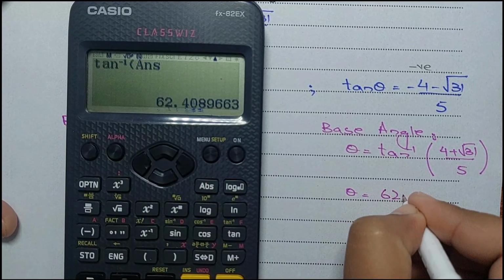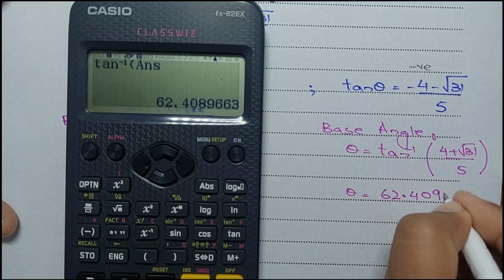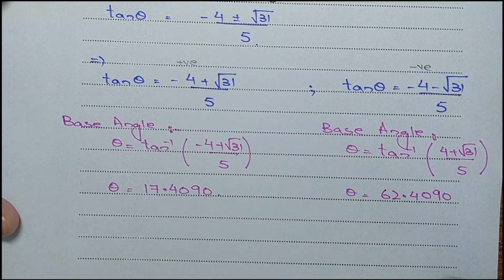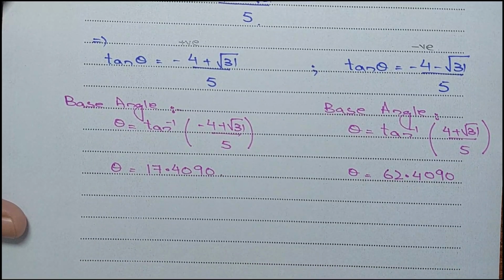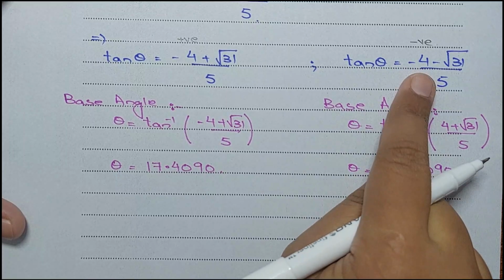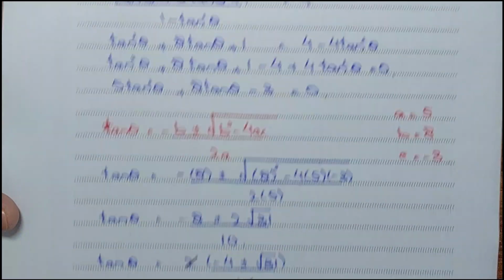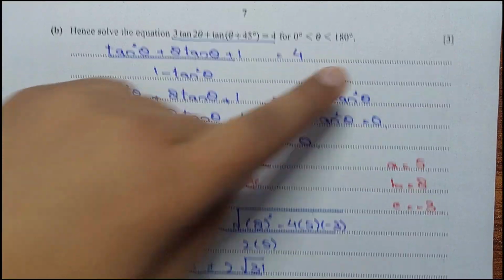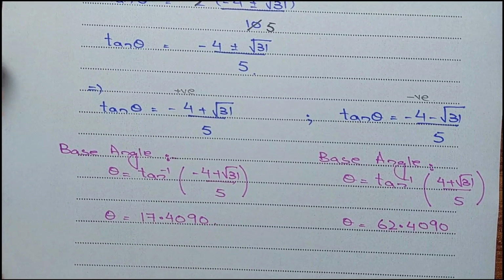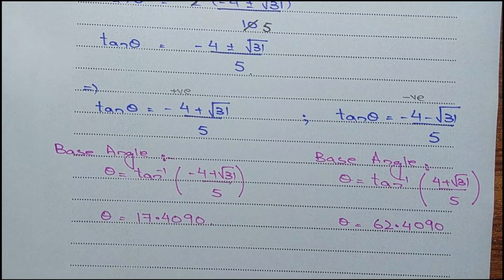This is 62.4090, which rounds to 62.409. Okay, so these are the two base angles. Here tangent is negative and here tangent is positive. So the domain we have given is from 0 to 180 degrees. Theta value should lie between 0 to 180 degrees. Let me draw the coordinate diagram and check tangent is positive in which quadrant and negative in which quadrant, right?